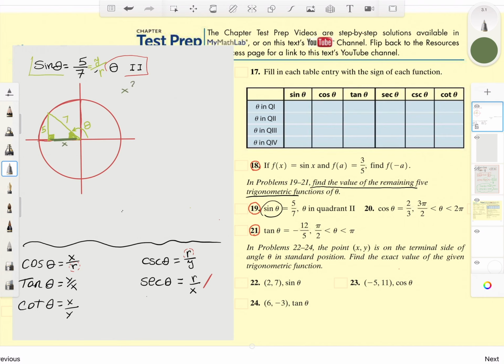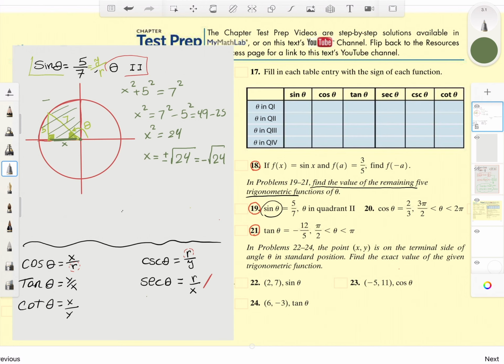We have x squared plus 5 squared equal to 7 squared. X squared equals 7 squared minus 5 squared, which is 49 minus 25. The answer is 24. X squared equals 24. X will be plus or minus radical 24. Because we are in quadrant 2, cosine here is negative. Therefore, we're dealing with negative radical 24.